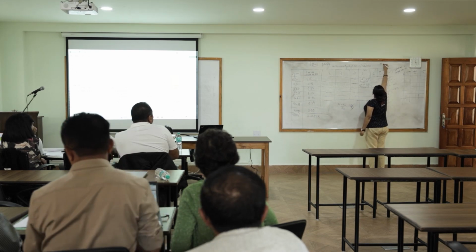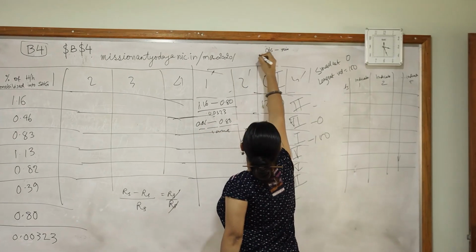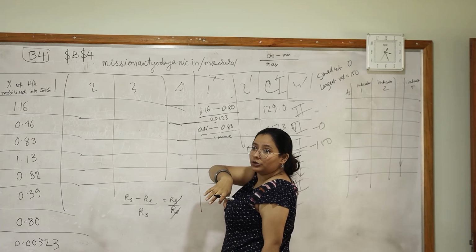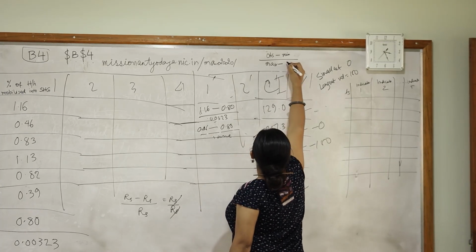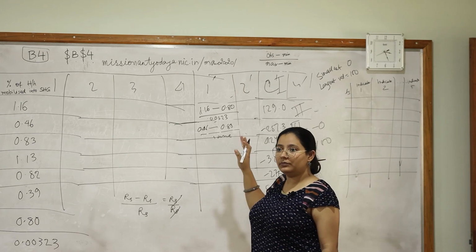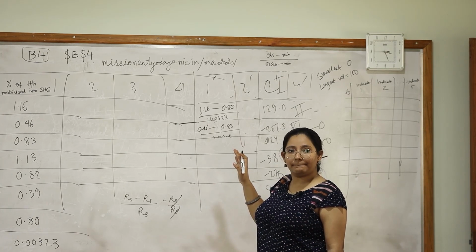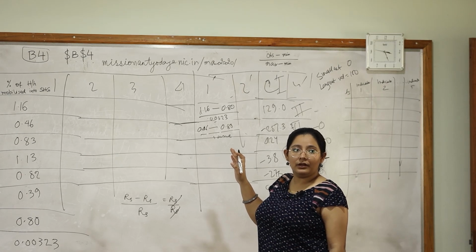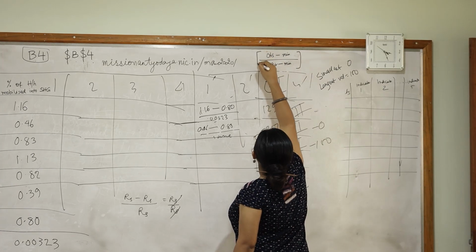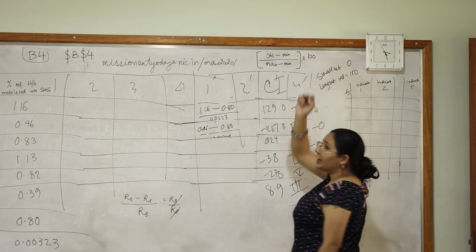Whatever is your observation minus minimum of that column divided by maximum of that column minus minimum of that column. Done? Done? Clear? Now, you have to multiply this entire thing with 100.